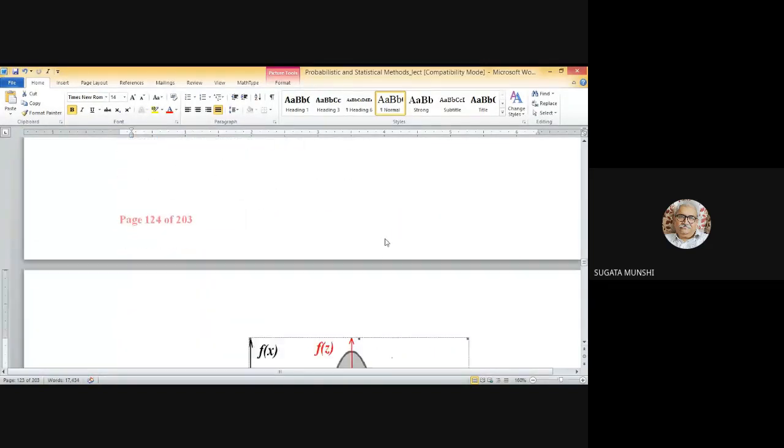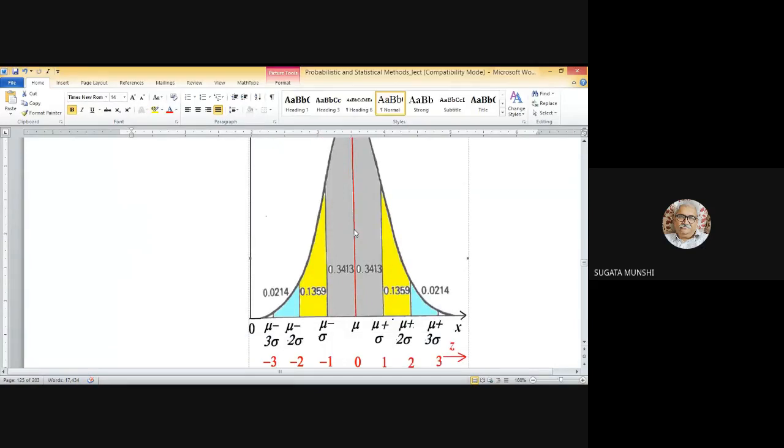So if it is 0.9545, you can subtract 0.6826, you get some value, then you split it up into two parts. So probability of capital X lying in this range, mu minus 2 sigma to mu minus sigma is 0.1359. Probability of capital X lying in the range mu plus sigma to mu plus 2 sigma, that is also 0.1359.